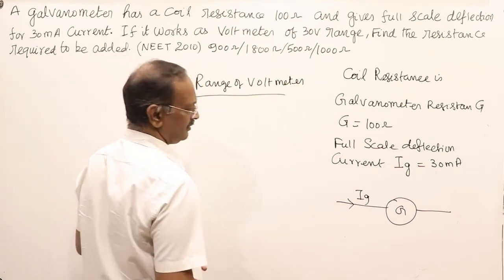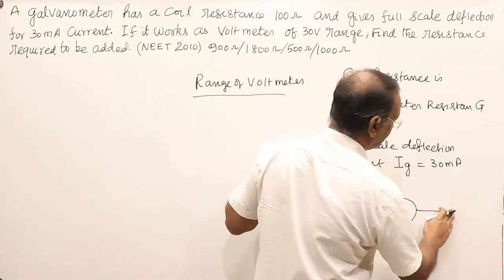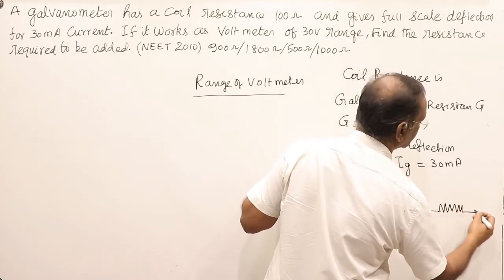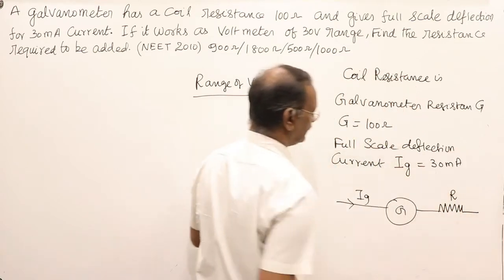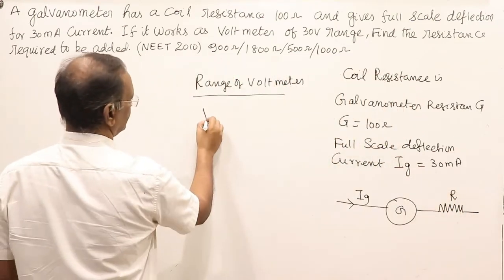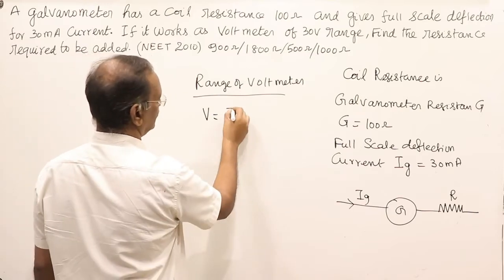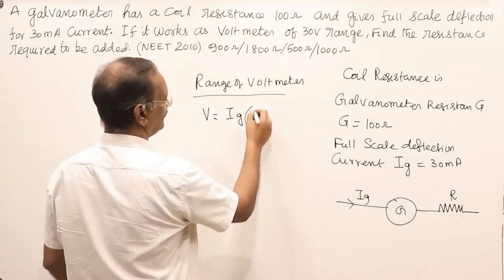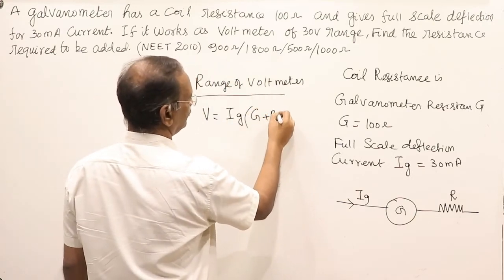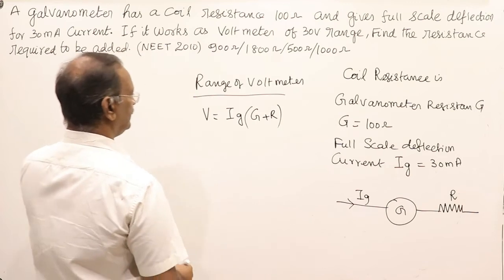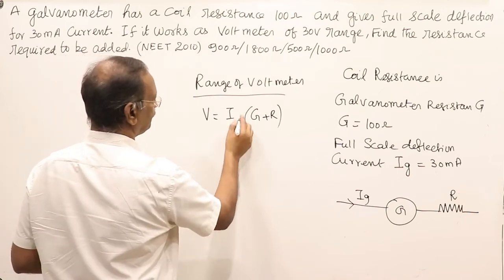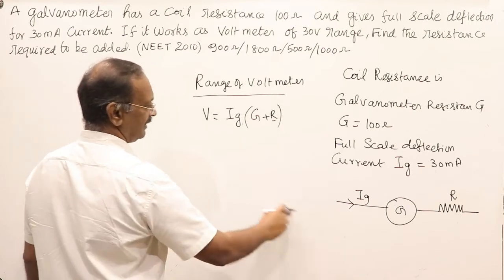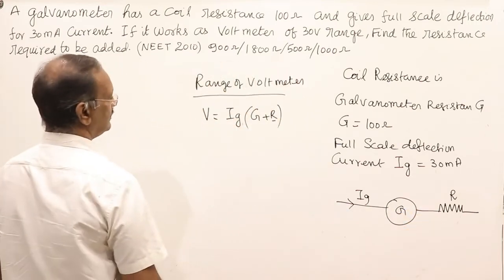Suppose this has to be used as a voltmeter, then we have to add a high resistance in series with this one, and the range of the voltmeter is given by the expression V is equal to Ig into its resistance plus this resistance, G plus R. This is the range of the voltage. So we have to find out this resistance which is to be added in series.